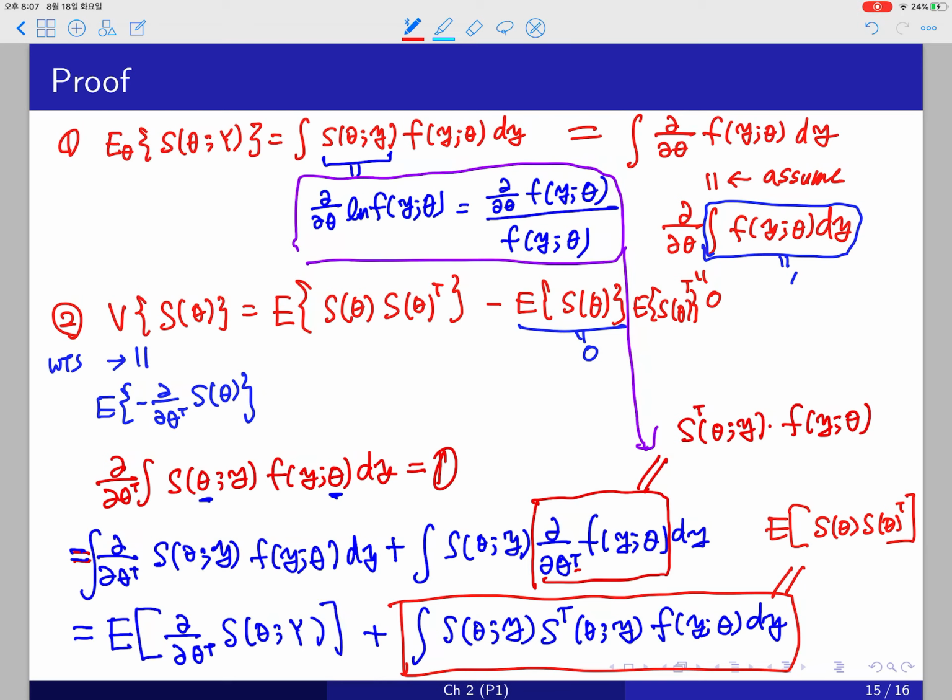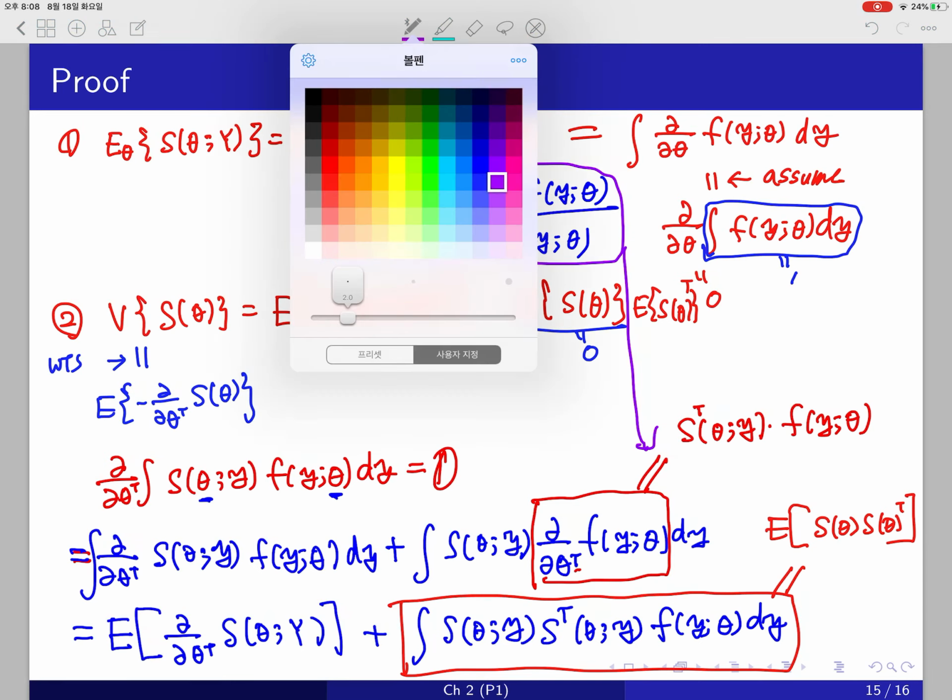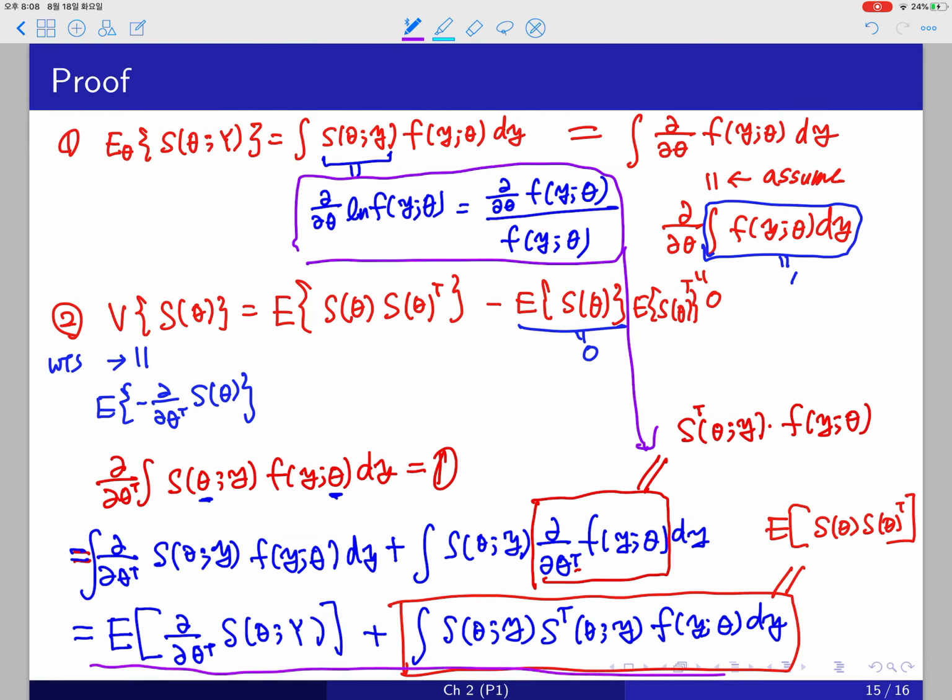Okay, so that basically proved our result, because the last line is equal to 0. So that means the expected value of S times S prime is equal to minus the first term, so basically this one proves this one.